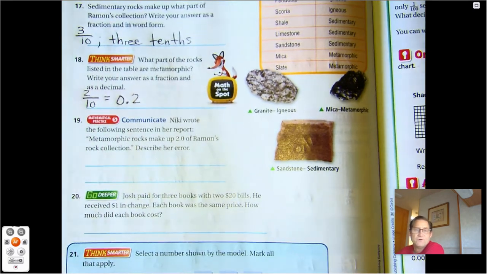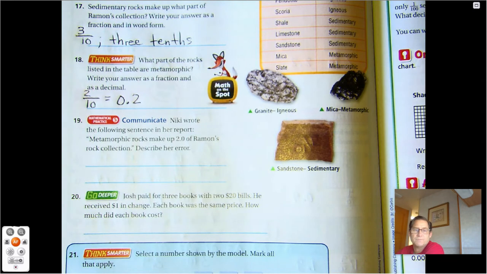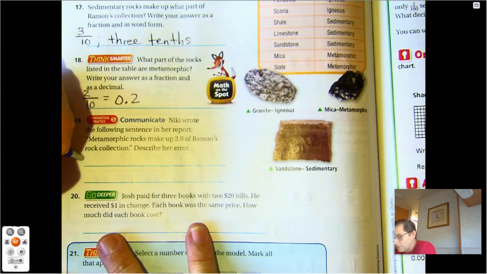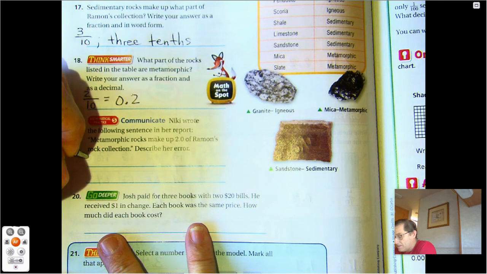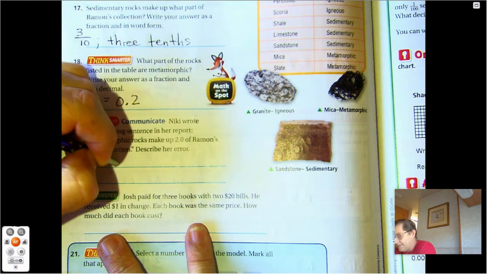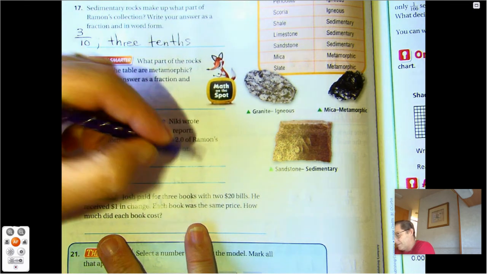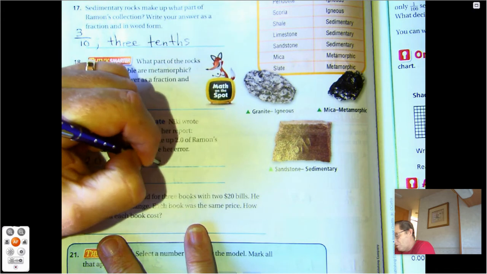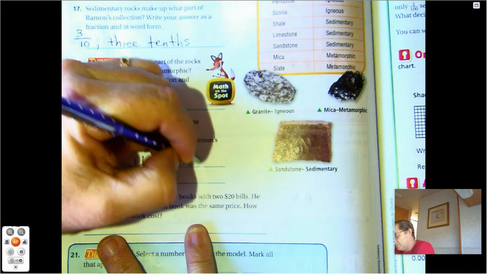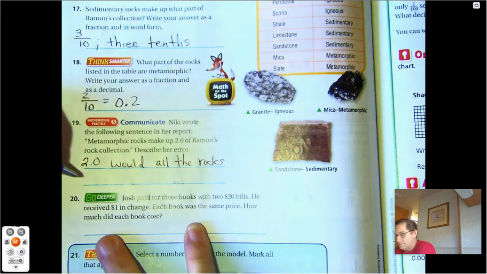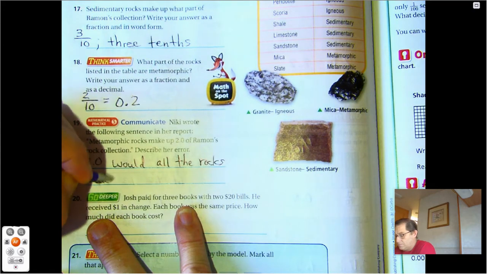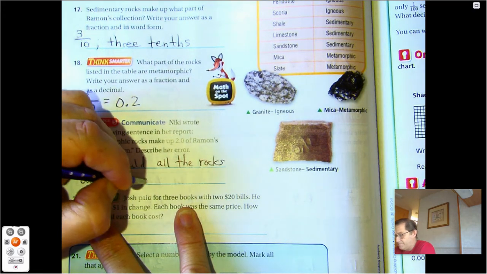Number 19, Nikki wrote the following sentence in her report. Metamorphic rocks make up 2 of Ramon's rock collection. Describe her error. Two would mean all the rocks would be metamorphic.